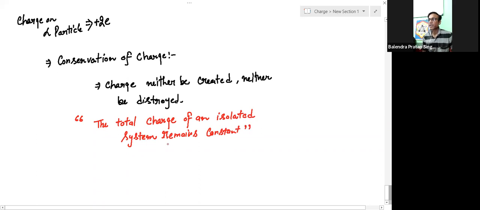The entire universe is an isolated system, so you can say that the total charge of the entire universe remains constant.